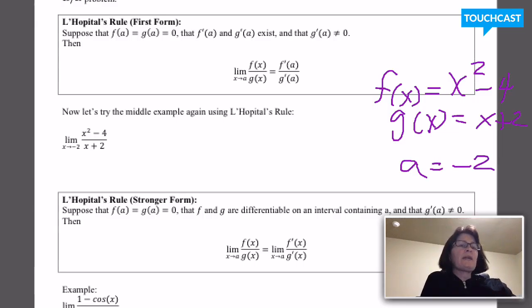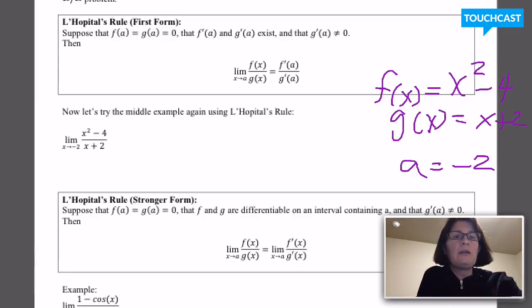So let's just double check. If f of a equals g of a equals 0, so does f of -2 equal g of -2 equals 0? Yes, that's why I have the 0 over 0 problem. Then if f prime of -2 and g prime of -2 both exist, then the limit I'm looking for is just going to be f prime of -2 divided by g prime of -2.